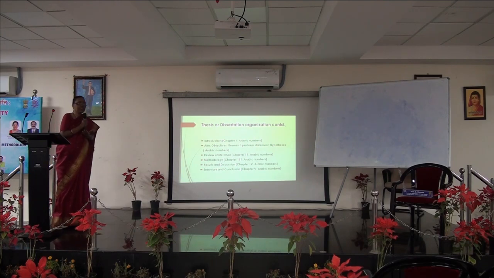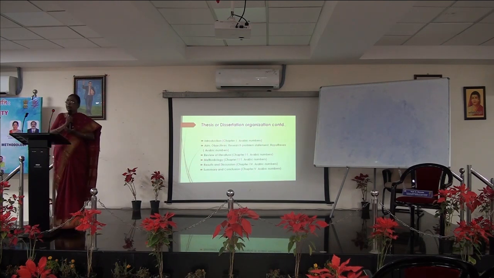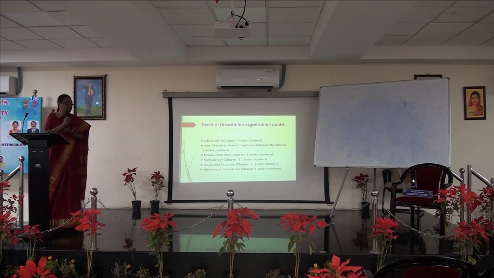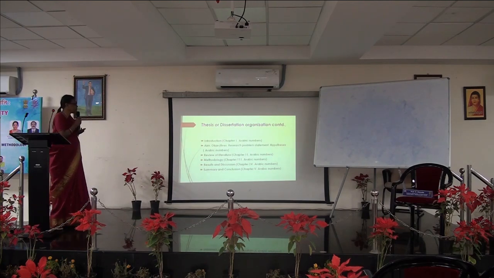Null hypothesis, alternative or research hypothesis: H01, H02, H03 like that; HA1, HA2 like that. So at the end, some people include hypothesis. Finally, they don't state whether they have rejected or accepted the hypothesis. That is also a must. So aim, objectives, research problem statement, hypothesis in Arabic numbers.